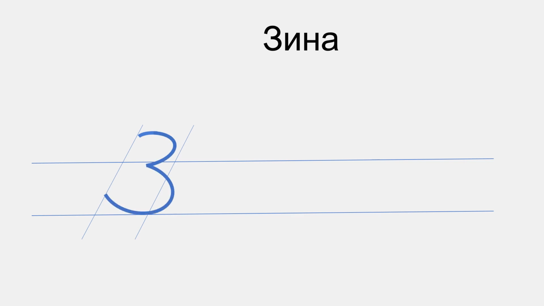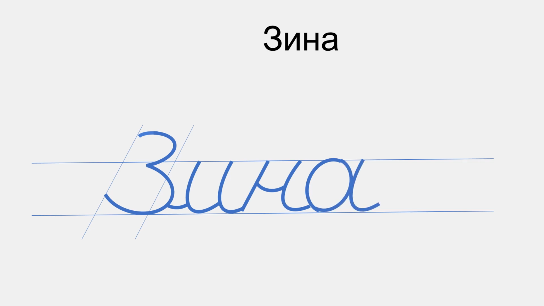Then I need my connector, like that. I write E, then the vertical stroke for N, connector, hook, and I finish with A. Zina. Keep in mind, the third letter is N, Russian N.